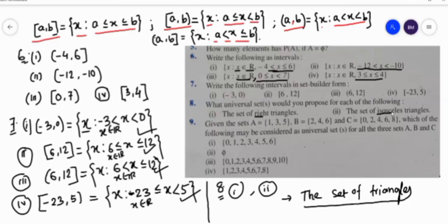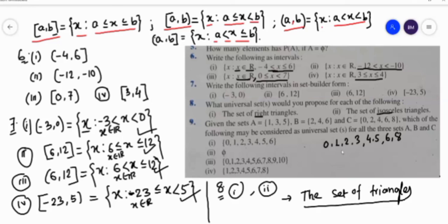Now see that here A is equal to 1, 3, 5, B equal to 2, 4, 6, and C equal to 0, 2, 4, 6, 8. That implies 0 is there, 1, 2, 3, 4, 5, 6, 8 are there.